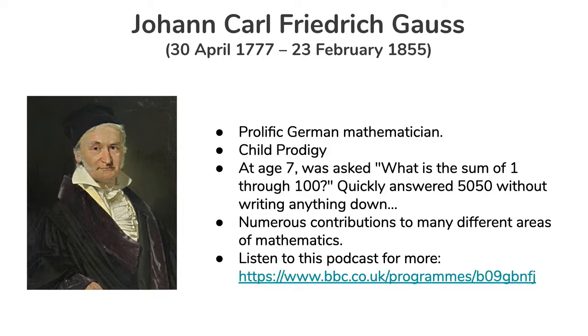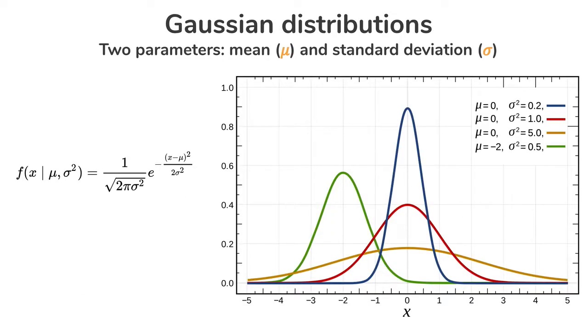And that sort of shocked the teacher, and from there on he was continuously surprising professors and became a prodigious mathematician at a really, really early age. If you're into this, there's a really fantastic podcast about Gauss on this BBC podcast series called In Our Time. Check it out.